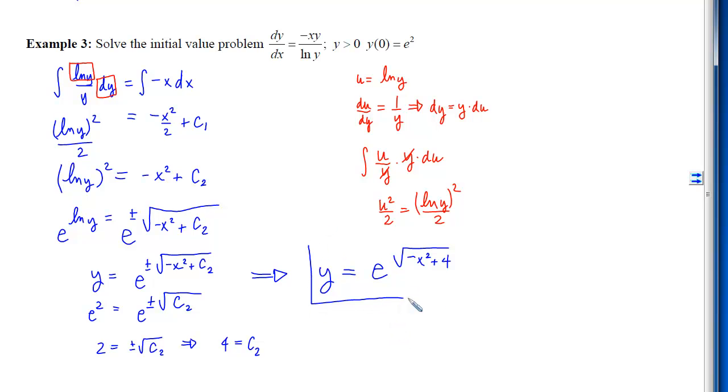So the nuance of this is that on the AP, they will often force you to select the negative branch, because a lot of people would stumble upon this correct answer simply because they forgot to put the plus or minus. So they will expect you to know to put that plus or minus on and then select the proper branch based on what kind of an output you have in your given point.